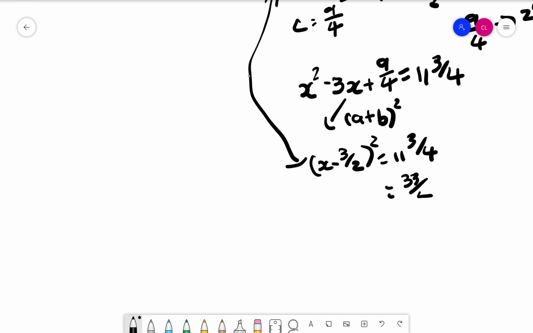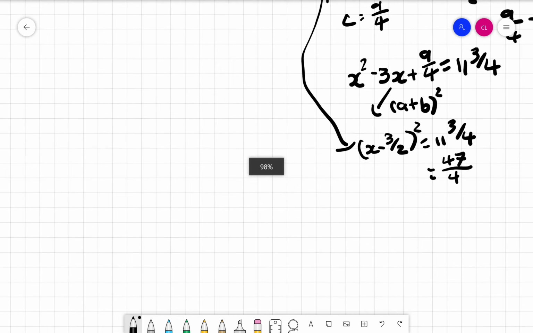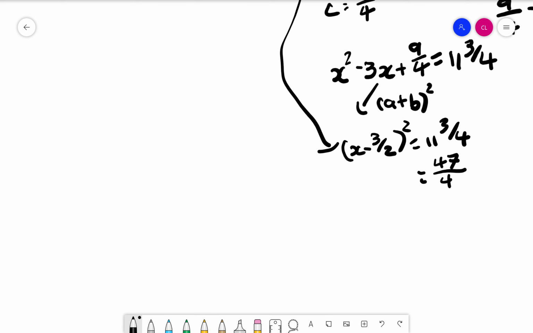Wait, no, that's not how it works. I forgot, sorry. Wait, hold up. 44. Yeah, so 47 over 4. Pretty sure. Hopefully I didn't make a mistake.